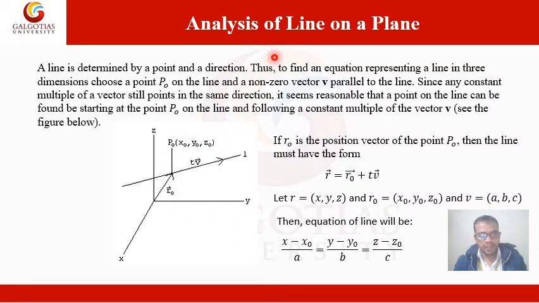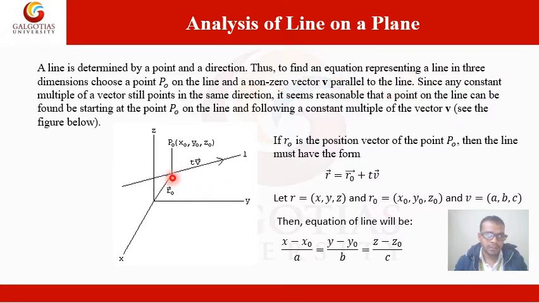Let's have some analysis of a line on a plane. The line is determined by a point and a direction. Thus, to find the equation representing the line in 3 dimensions, I can choose a point P0 whose coordinates are x0, y0, z0 on the line, and a non-zero vector v parallel to the line.